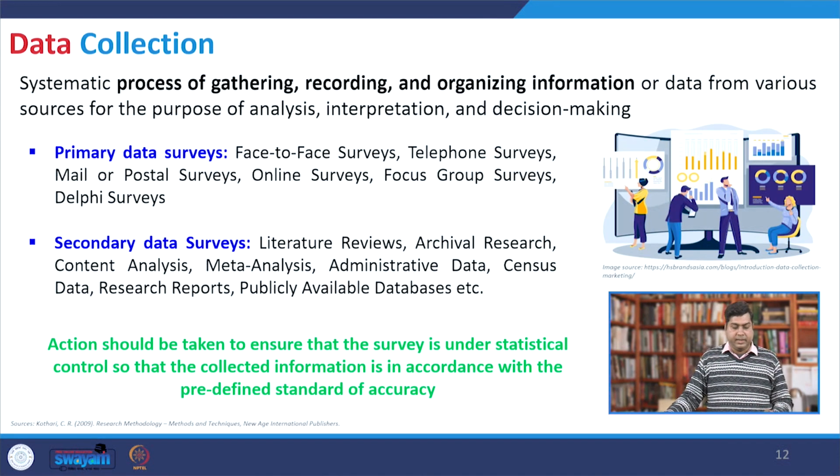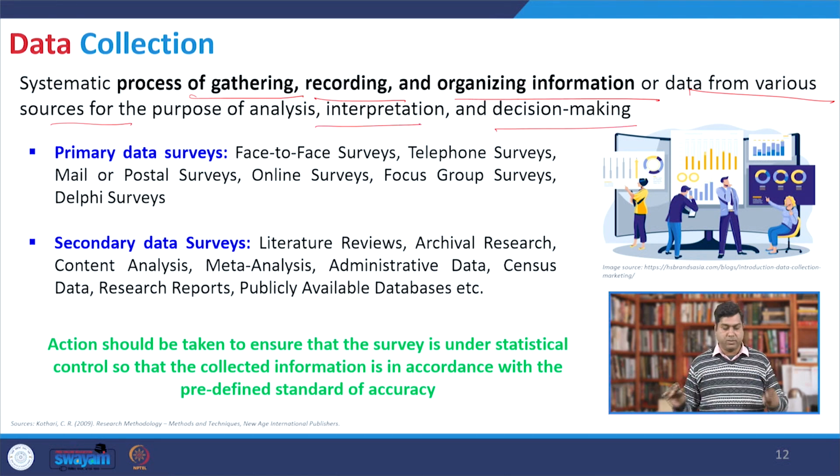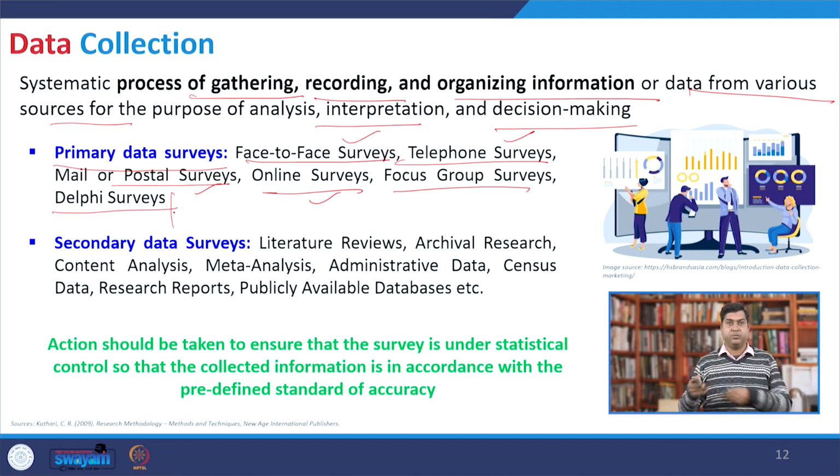Next stage is the data collection stage. In this case, it is the process of gathering, recording or organizing information or data, collecting data from different sources for our analysis, interpretation and decision making. This is the overall stage of data collection. Primary data can be collected through face to face survey, telephonic survey, postal survey, online survey, focus group discussion, or a Delphi survey, something like an expert opinion survey.